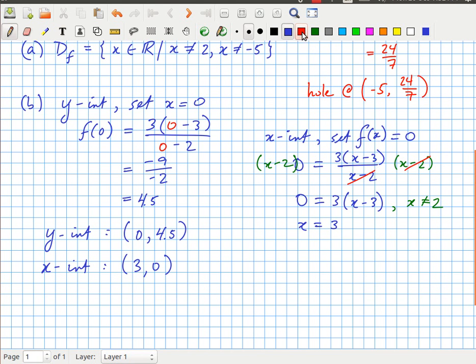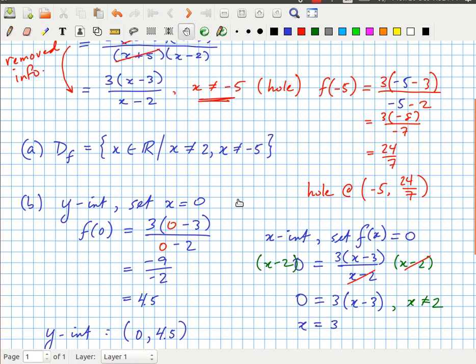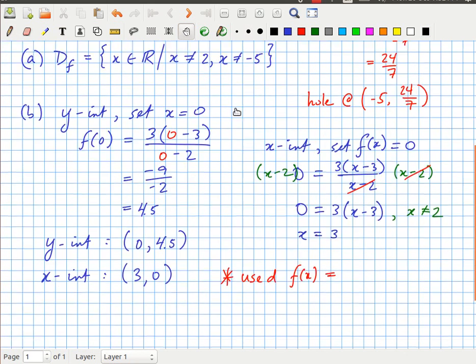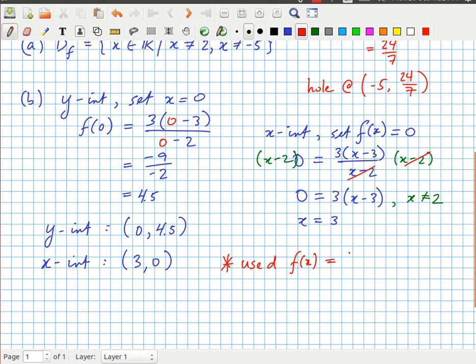I just want to make a comment about the fact that I used f of x equal to 3 times x minus 3 over x minus 2, that is, 3x minus 3 over x minus 2, for the x-intercept.